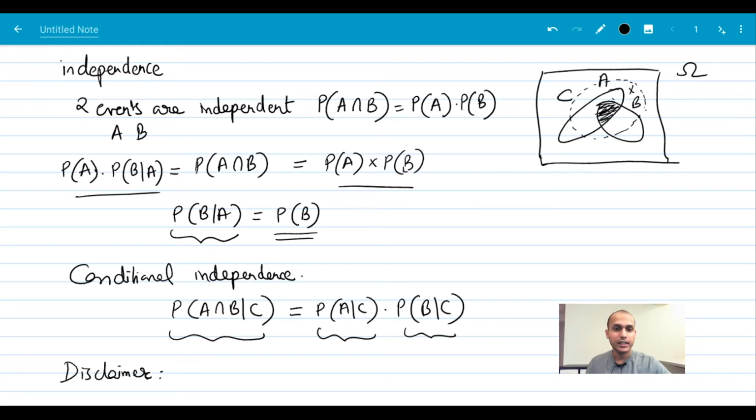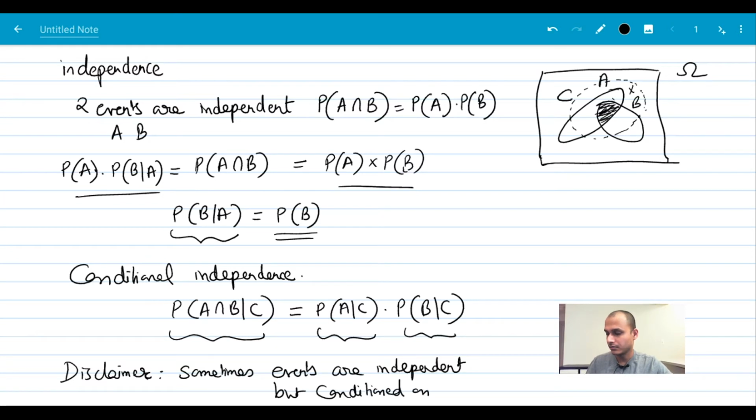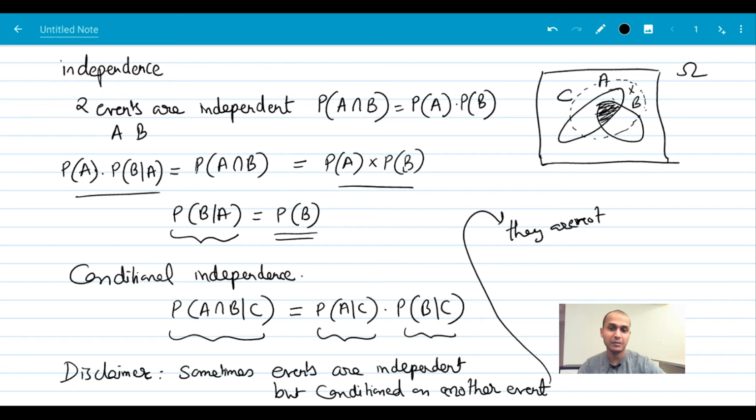Sometimes events are independent, but conditioned on another event, they are not. Sometimes they are independent, but on conditioning they become dependent. And sometimes it is the opposite.